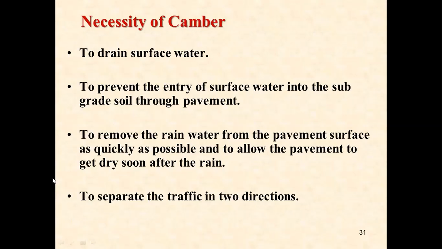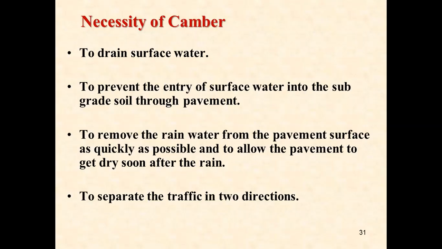For these purposes the camber is provided. It also separates the traffic in two directions, acting as a lane separator. But the main objective is that the camber is provided to drain the surface water. If the water stagnates, it damages the road surface.